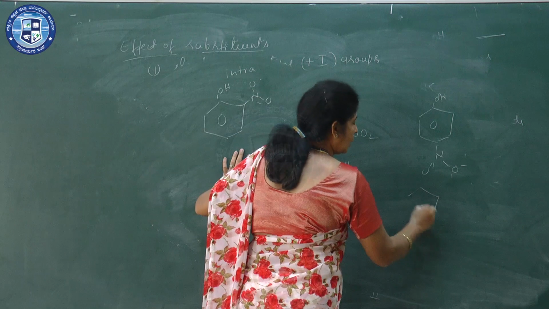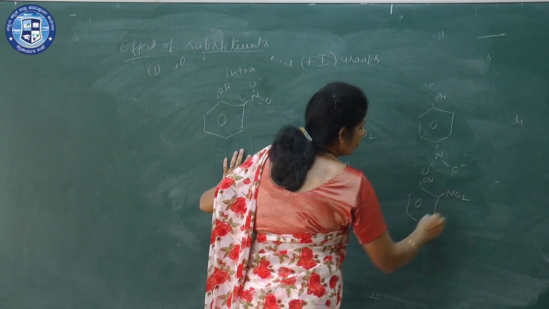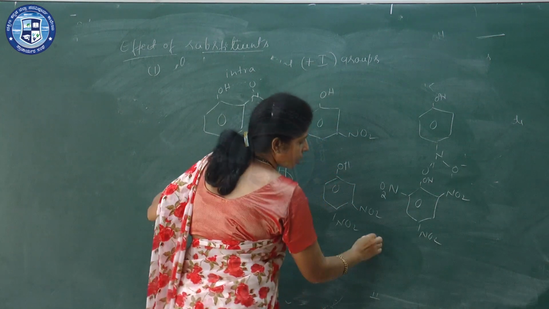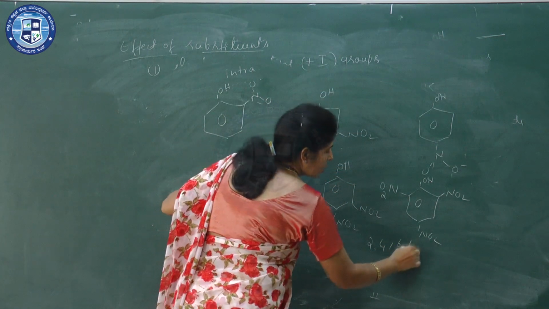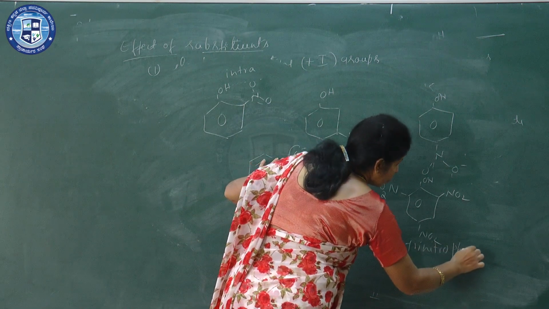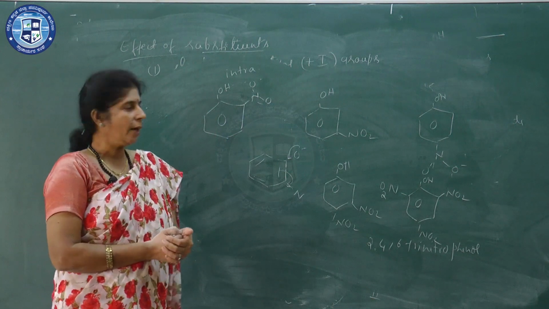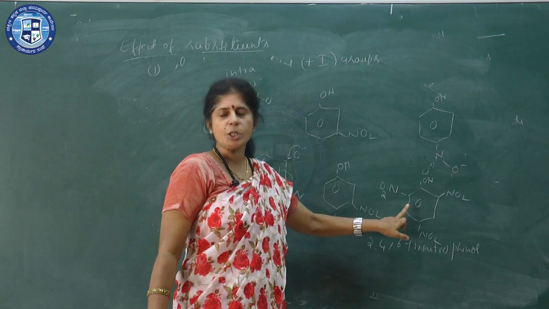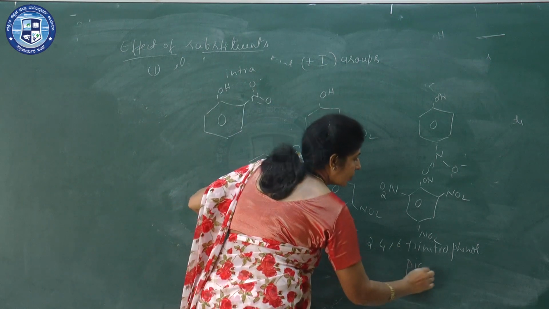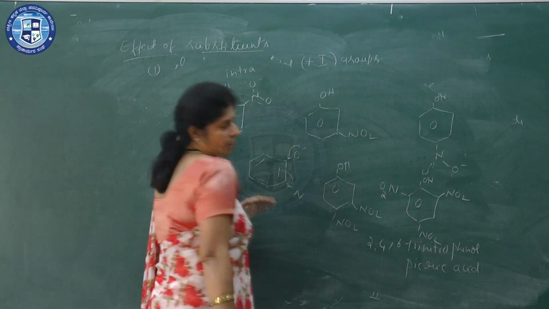Again, if three nitro groups are present, we have taken 2, 4, 6 trinitrophenol, which we are going to come across in the next points. This has a very strong acidic character, and this is very familiarly known as picric acid.